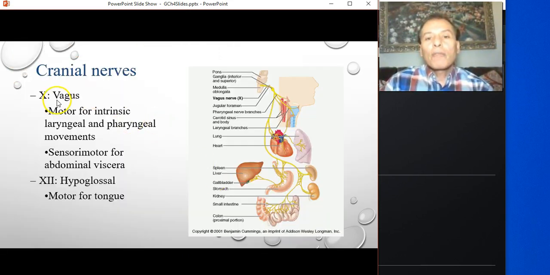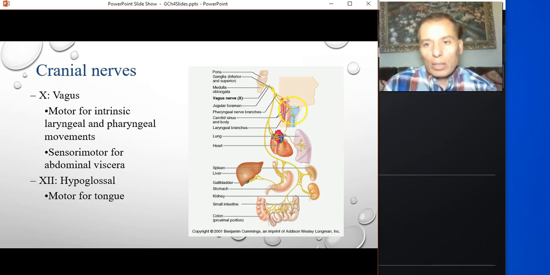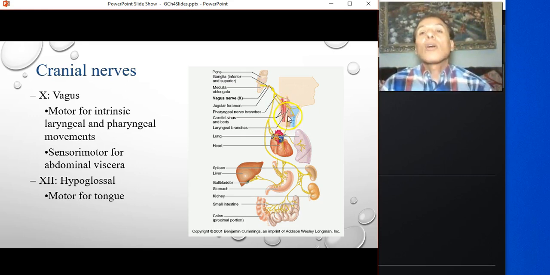The vagus nerve, as you could see, comes out of the brain stem and travels through the neck. It actually innervates our vocal folds. We can talk, there are branches from it that enable us to vibrate the vocal folds and move them, bring them together to phonate and make sounds. And also different parts of the pharynx as well, and the soft palate.